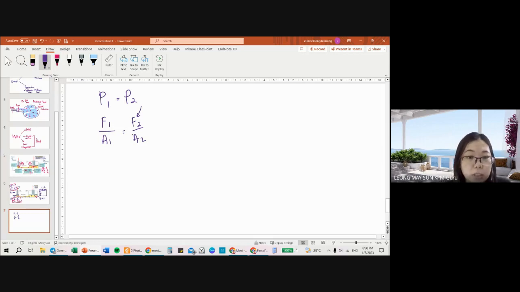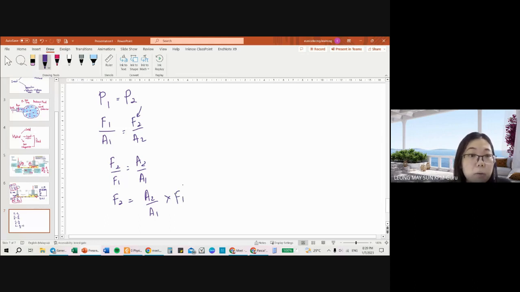So rearranging this formula, I get F2 over F1 equals A2 over A1. Okay, so I want to get F2. So usually it's A2 over A1 multiplied by F1.